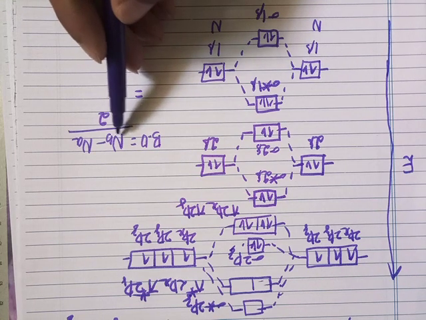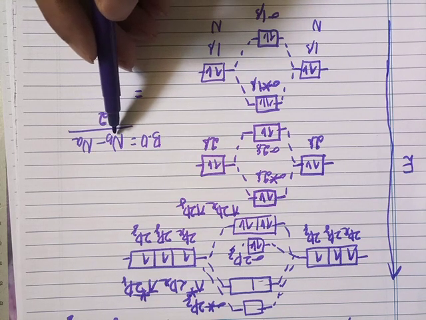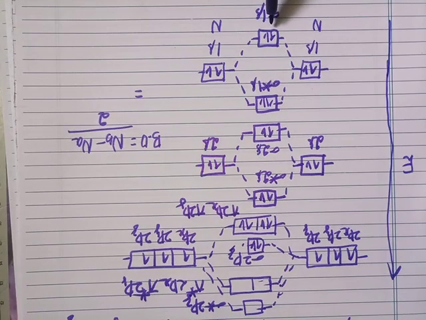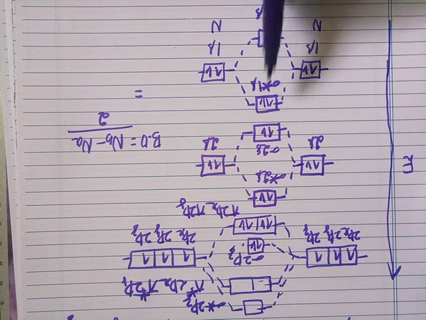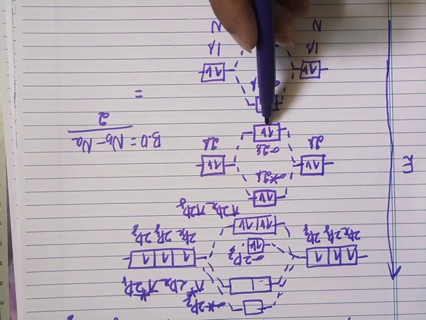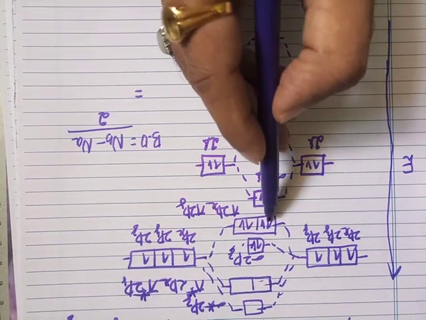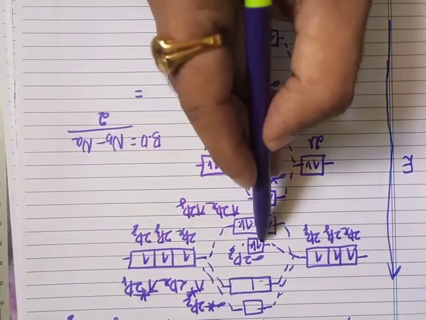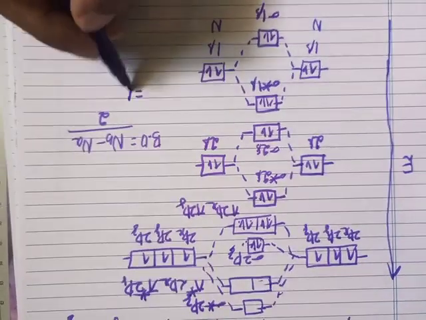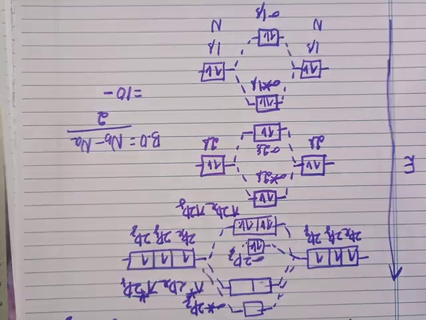Let us count the number of electrons in the bonding molecular orbitals: 2, plus 2, 4, 5, 6, 7, 8, 9, 10. So there are 10 electrons in the bonding molecular orbitals.